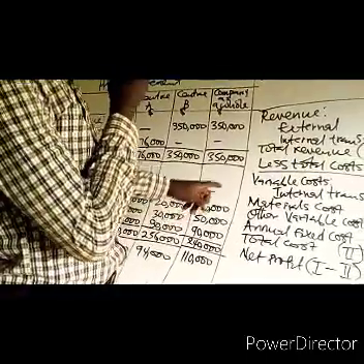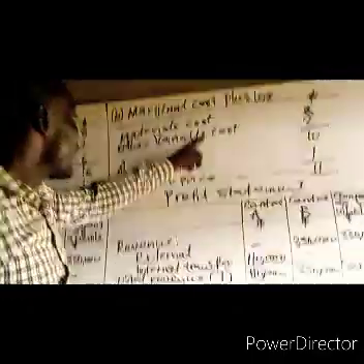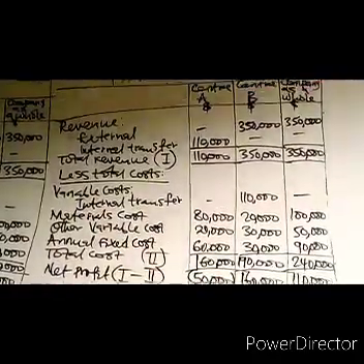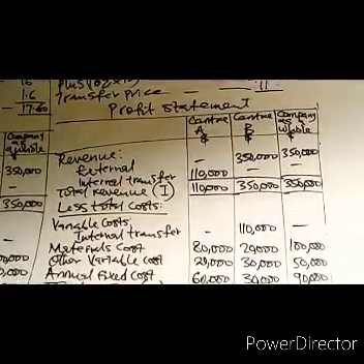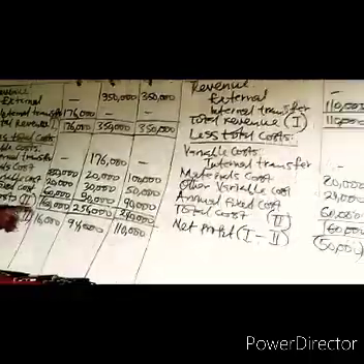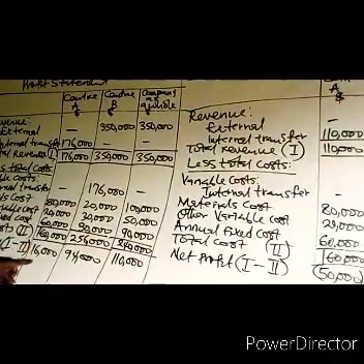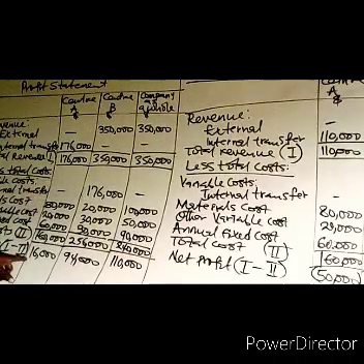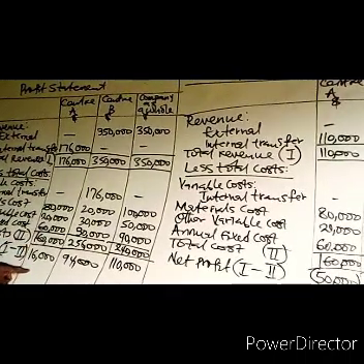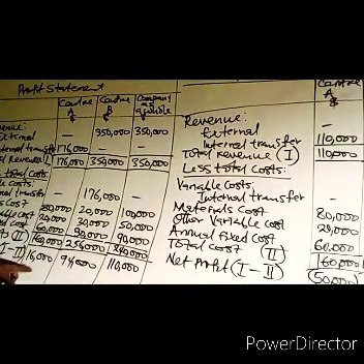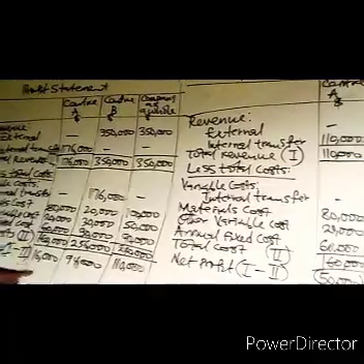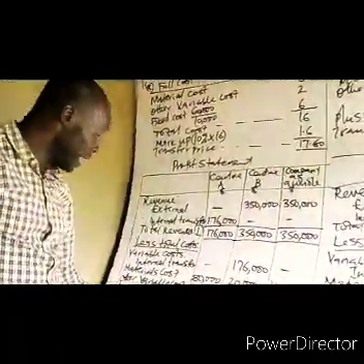But where goods are transferred at marginal cost plus 10%, center A incurs a loss of 50,000. Ordinarily, center A will prefer the transfer price at full cost plus 10%, because that will enable center A to make profit from the transfer.